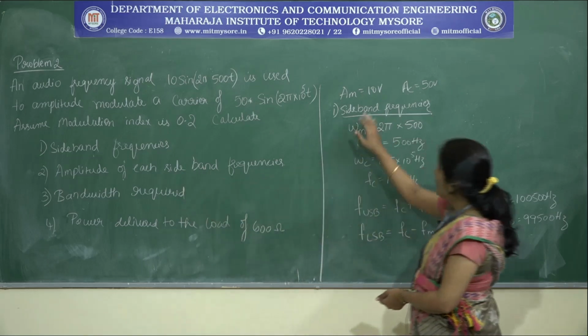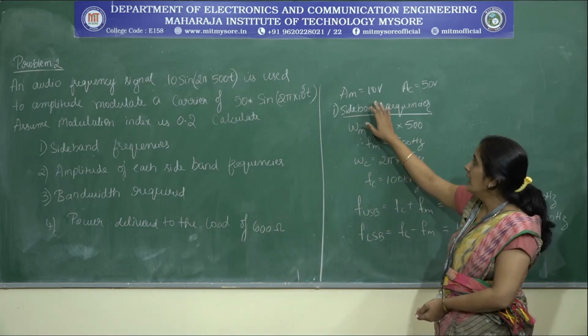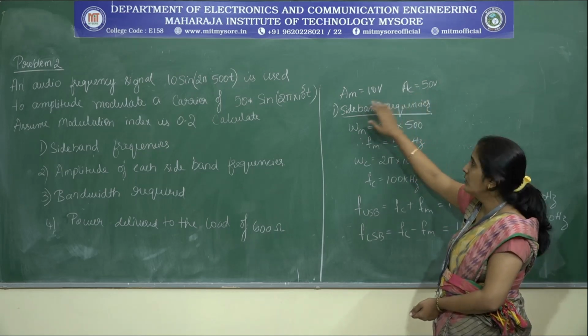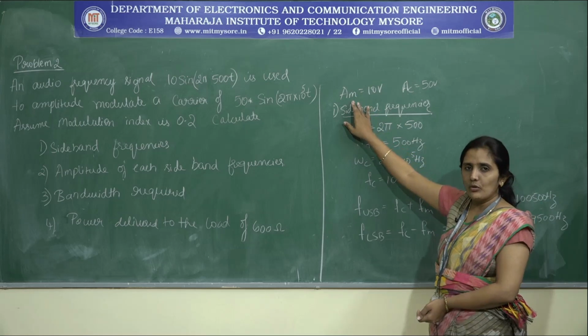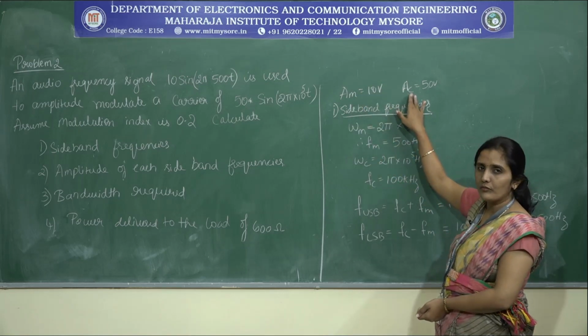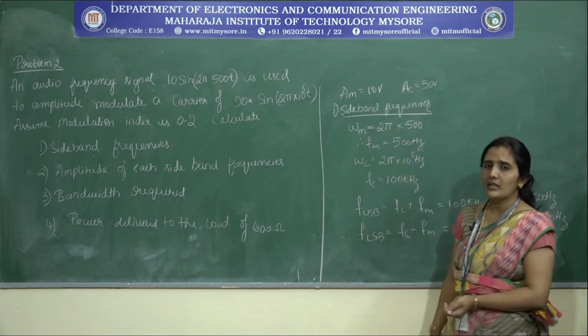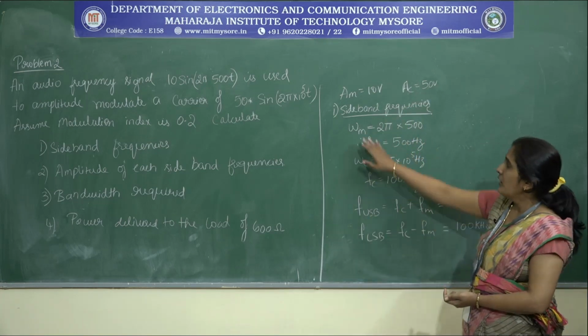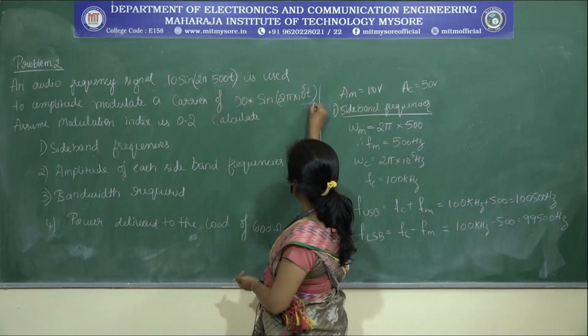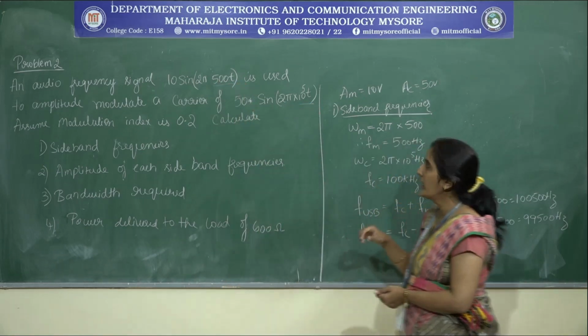So the given parameters are Am, that is 10 volt, and Ac is 50 volt. This is the amplitude of the modulated wave, and this is the amplitude of the carrier. In order to find the sideband frequencies, we are going to consider omega m and omega c.